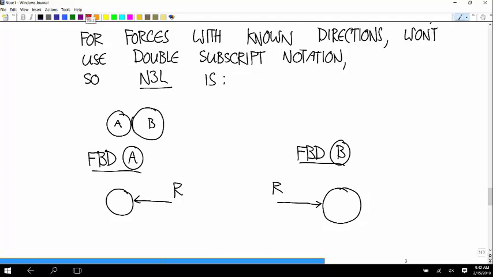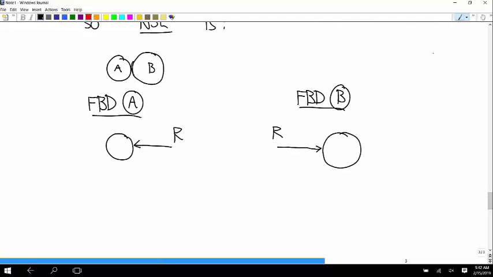Notice, by the way, that this whole thing together, the direction combined with that magnitude R, that is the force on A by B. And this whole thing here is the force on B by A. And you can see that the way we've done it, that's equal to negative force on A by B. So it's still doing the same thing.